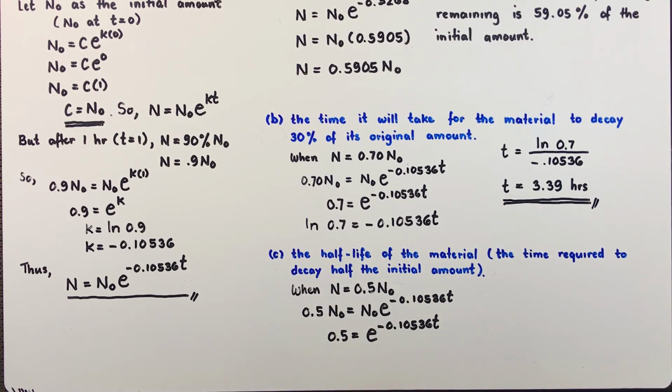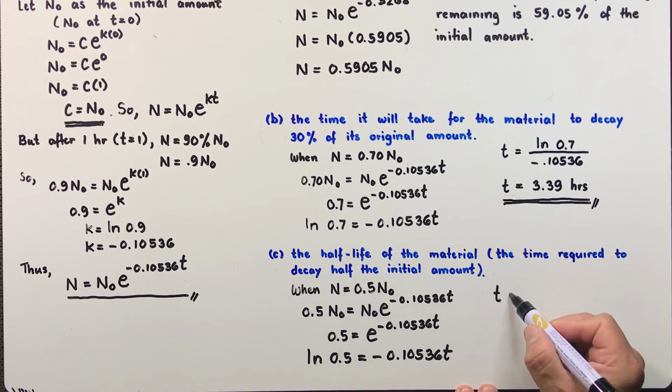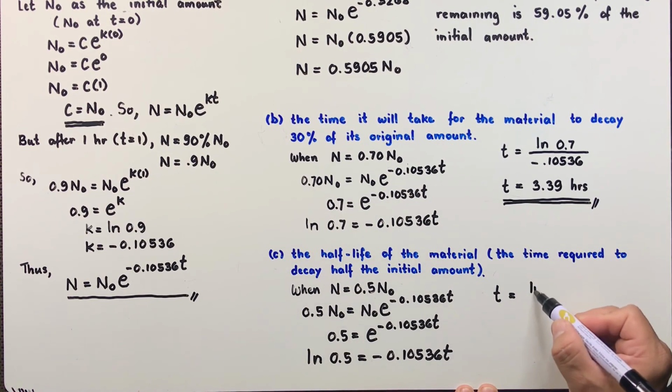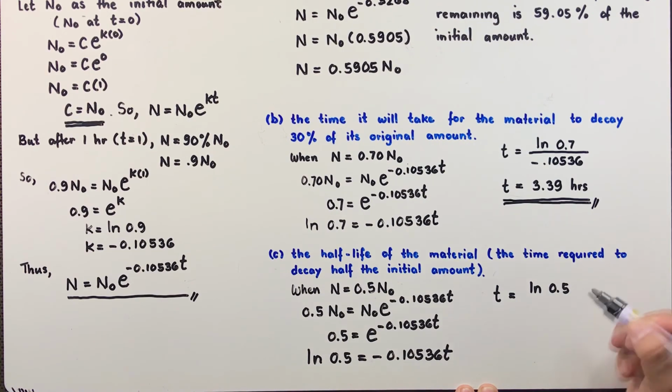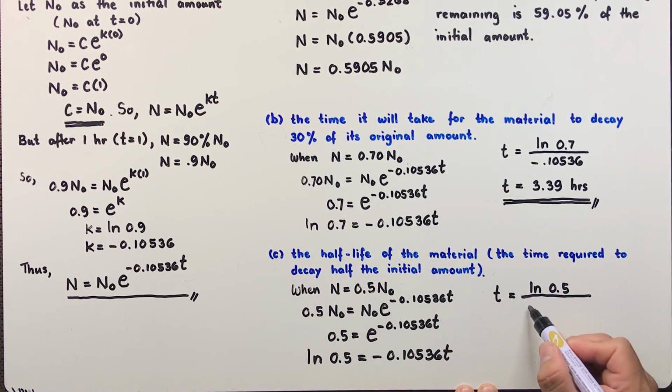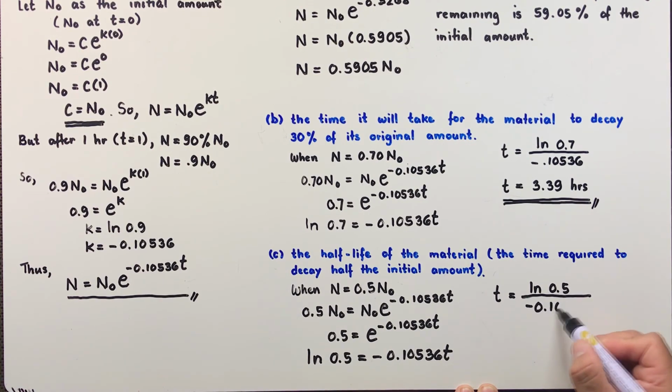Rewriting this to its equivalent logarithmic form, the natural log of 0.5 is equal to negative 0.10536t. Dividing both sides by negative 0.10536, we have t equal to the natural log of 0.5 divided by negative 0.10536.